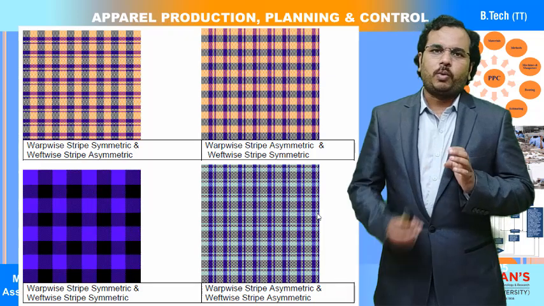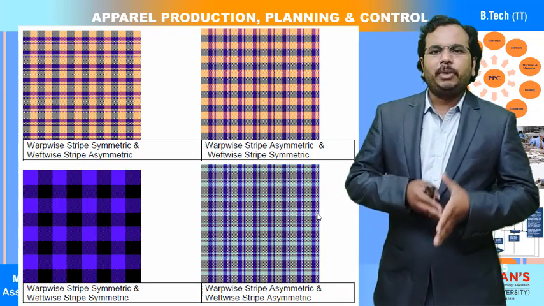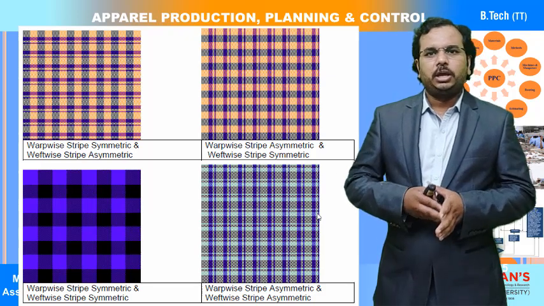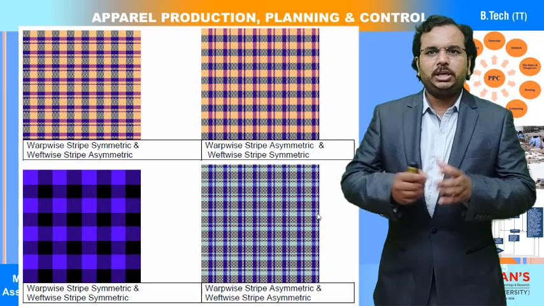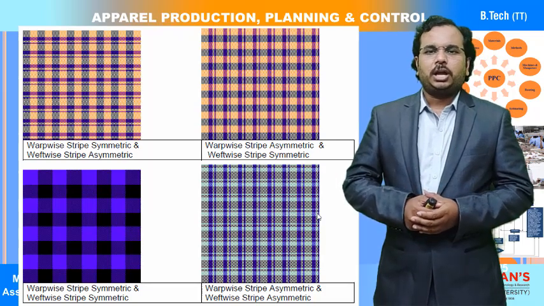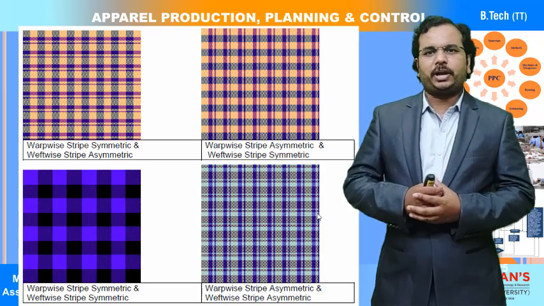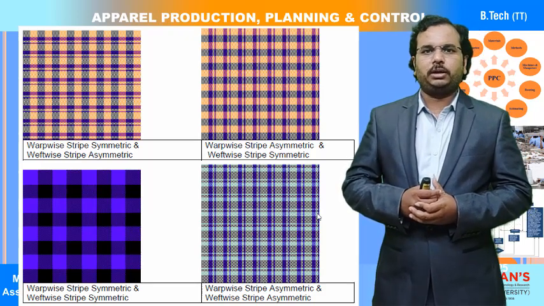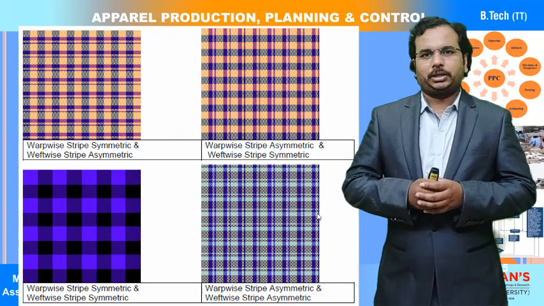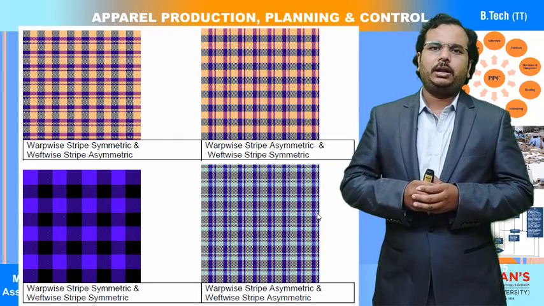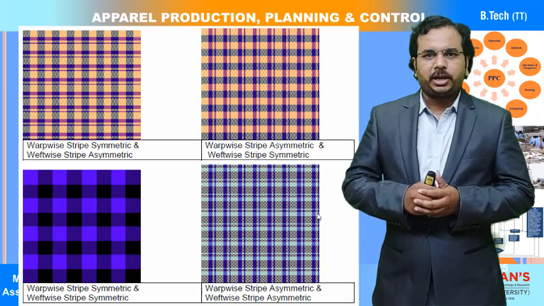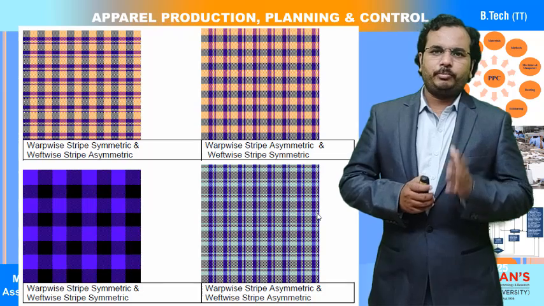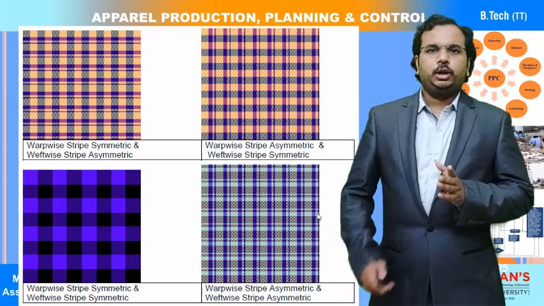So warp wise stripes symmetric or asymmetric and weft wise stripes symmetric or asymmetric, you can see in this image, are the different design types of fabrics you can have. The color patterns, whether asymmetric or symmetric, are very important while preparing the marker.